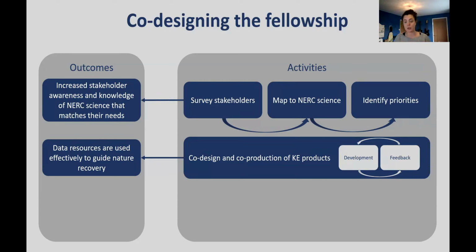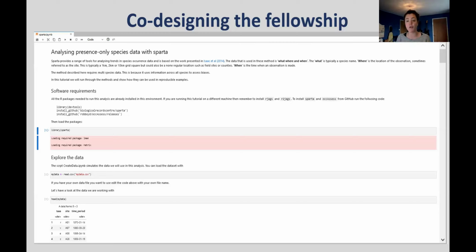But we can also use some of the digital solutions that are out there to make all of these outputs more accessible and usable. For example, we can use analysis notebooks such as this one that can integrate analysis scripts together with interpretation text and plots and figures, which creates a much more user-friendly interface for us to share our workflow and for users to actually use it and adapt it to their own data.